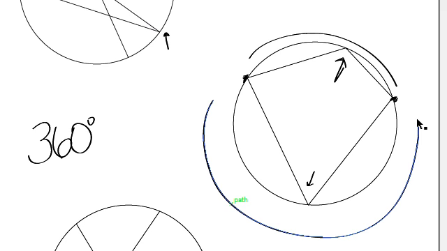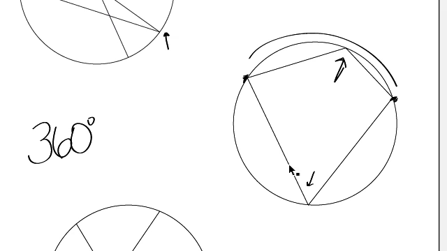With that said, what could we say about the sum of, and let me erase these arrows, let's say I label these A and B. What could we say about the measures of angles A and B? Will they be a total of 360 or something else?